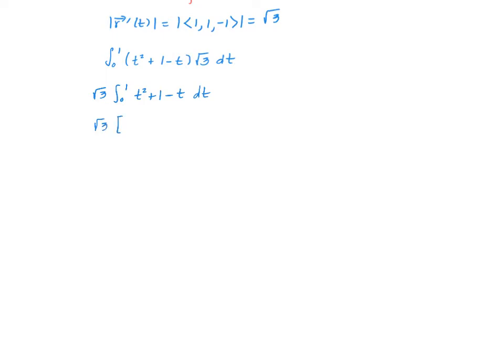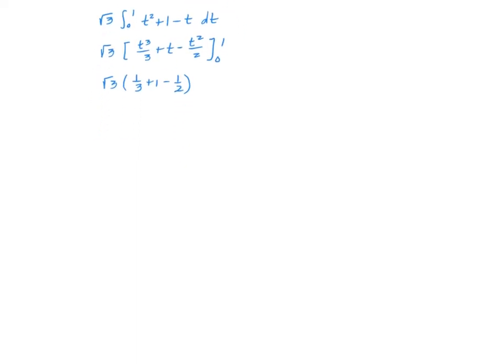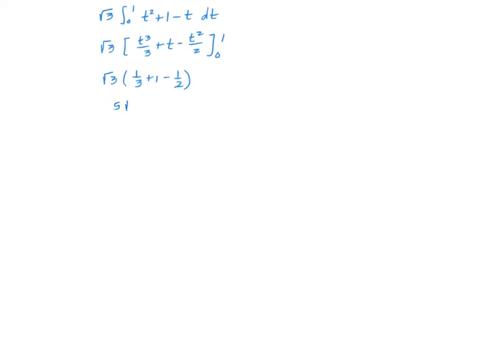This becomes t to the third over 3 plus t minus t squared over 2. And then this is 1/3 plus 1 minus 1/2. Let's see, that's 5 square root of 3 over 6, I believe. Again, double check me on that. All right, so I am done with that.